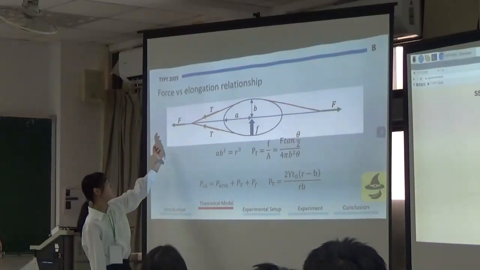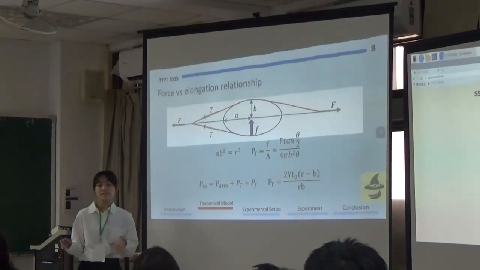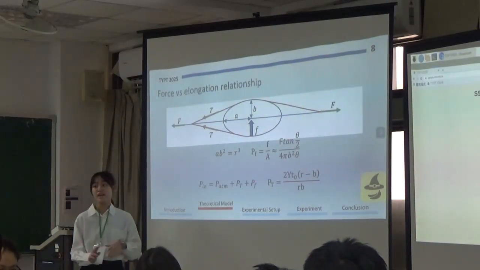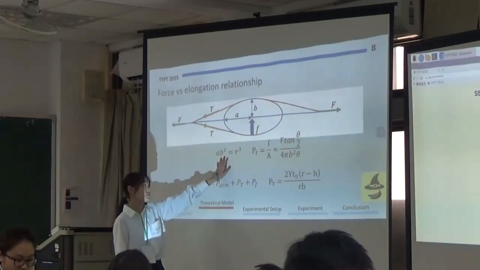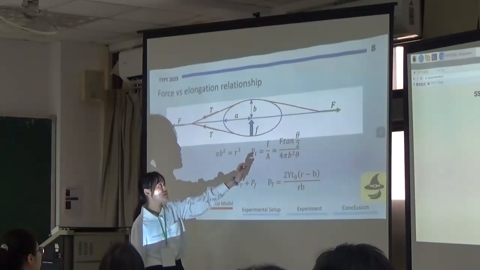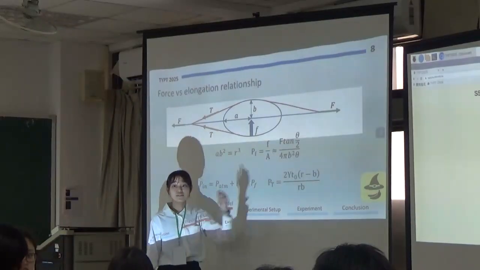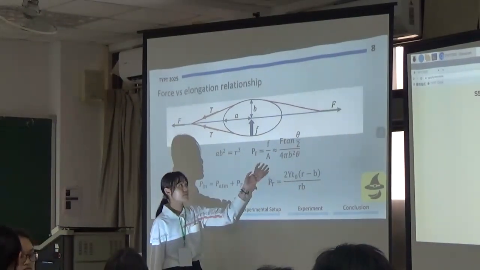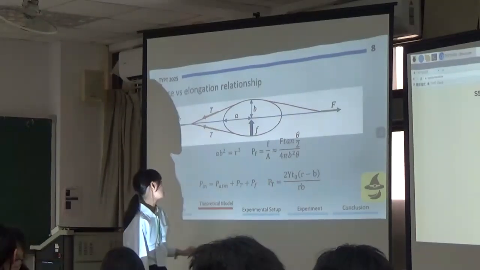So this is the force versus elongation relationship. Because the expansion of the balloon is not limited, the volume won't change, so we can get this. And the pressure that was given from the net will be the force divided by the contact area, and it is nearly equal to this.